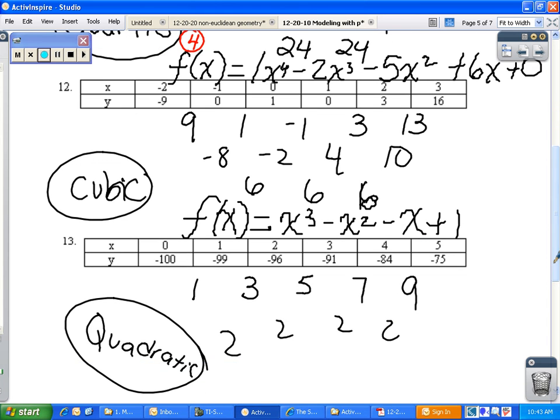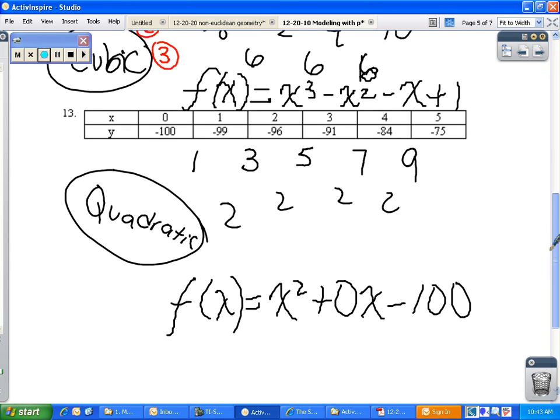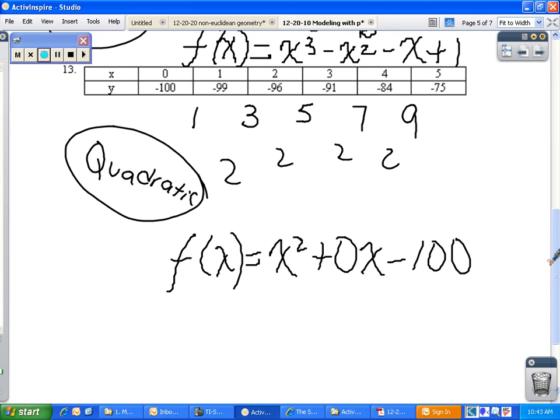Number 12, again, the third differences are constant. Since the third differences are constant, this is a cubic function. Plug it in, you will see I have f of x equals x cubed minus x squared minus x plus 1. Finally, number 13, it is your second differences that are constant, therefore it's a quadratic. You really don't need this middle 0x term. You could just write x squared minus 100.